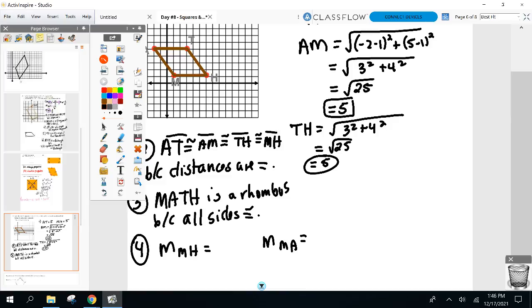I can't do rise over run for a reason. 0, correct. Any horizontal line has a slope of 0. On homework, you may get a vertical line. Slope of a vertical line? No slope. Cannot be found. Undefined. Yes, cannot be found for vertical. All right, go ahead. Quick rise over run to find MA.